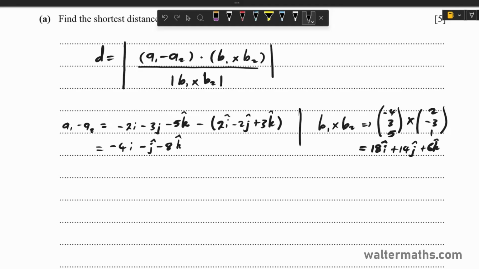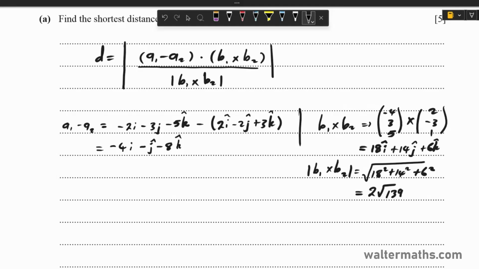All right, we will also need the modulus of B1 cross B2, which is the square root of 18 squared plus 14 squared plus 6 squared. So simplifying this should give us 2 root 139.